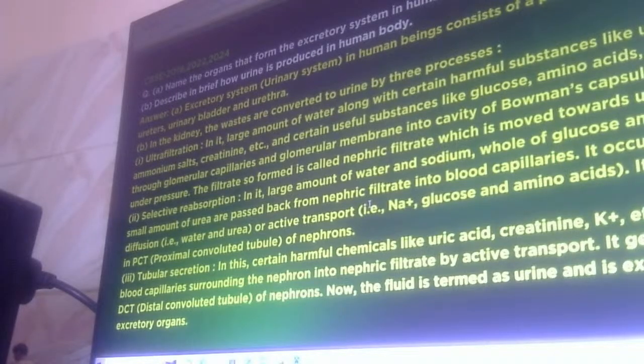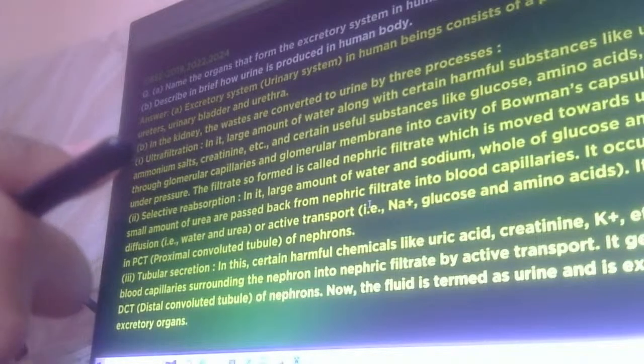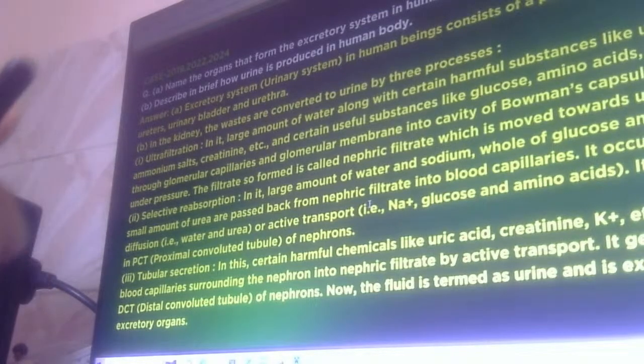Then filtrate is formed, which passes through the tubular part of the nephron. In the tubular part, selective reabsorption happens, when certain substances absorbed during ultrafiltration are reabsorbed into the blood, like water, glucose and amino acids.